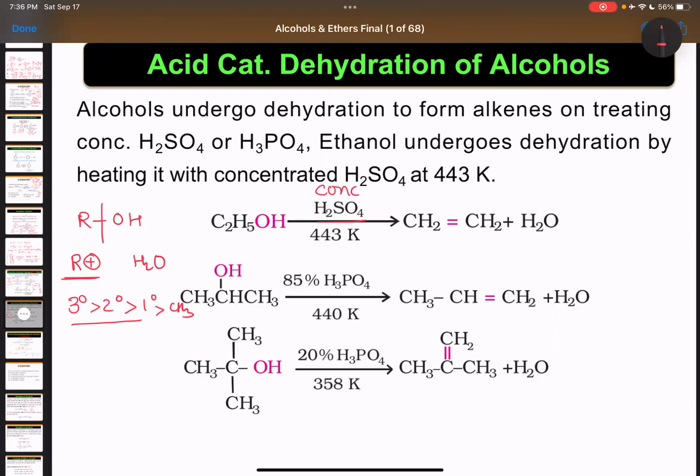You can remember it as around 170 degrees Celsius. And if you take 140, the dehydration will not occur. Right?